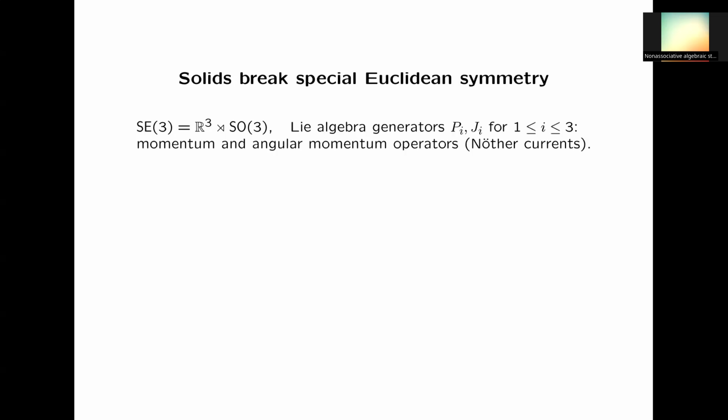That's the global symmetry, and there are Lie algebra generators associated with those. We'll use the Pi for the translations, and the Ji are rotations about various axes.